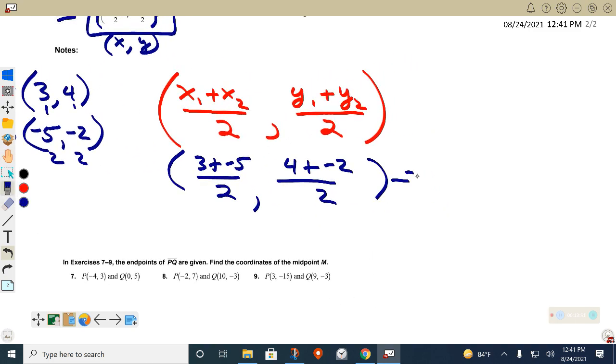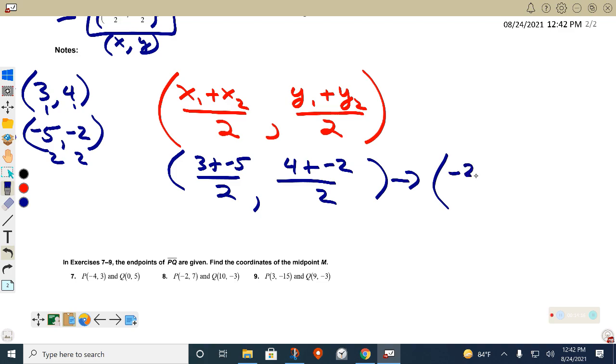Come up to the side. Let me simplify now. Let's see. The numerator, 3 plus -5. The signs are different, so I'm going to subtract and take the sign of the bigger number. The sign of the bigger number is negative, so it's going to be a -2.